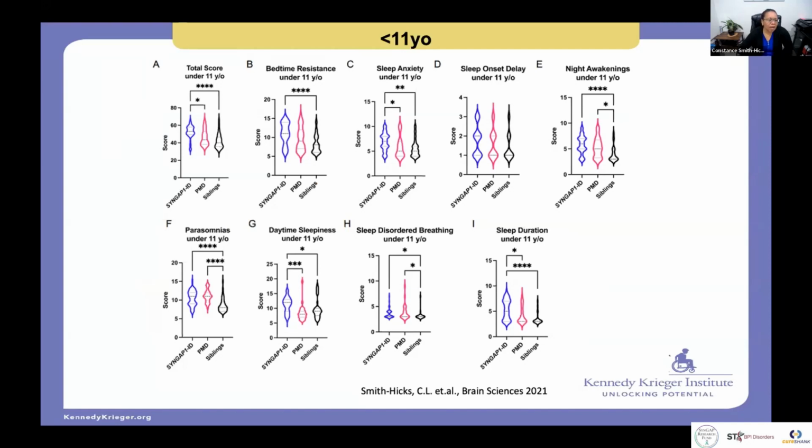And we looked at this pattern, and we can see again that individuals with SYNGAP1 had a higher total sleep score, so a worse sleep profile than individuals with Phelan-McDermott. And we saw that pattern in those who were younger than 11 years of age, so those who were prepubescent, and that's consistent with what we saw when we looked at the larger group.